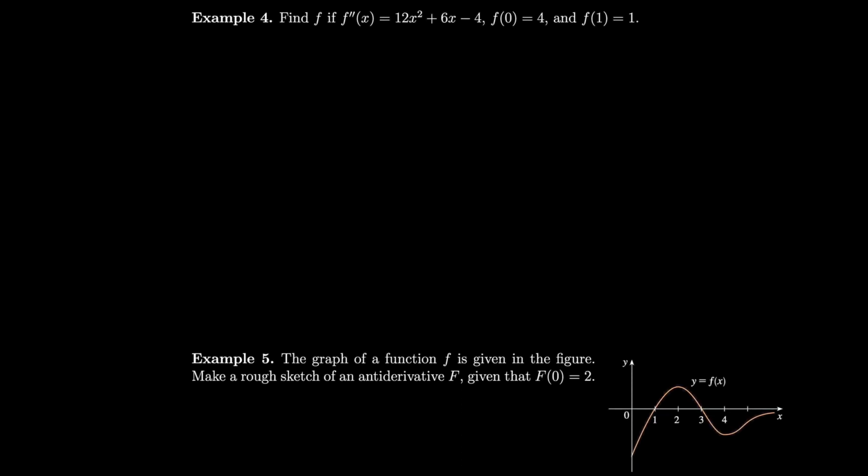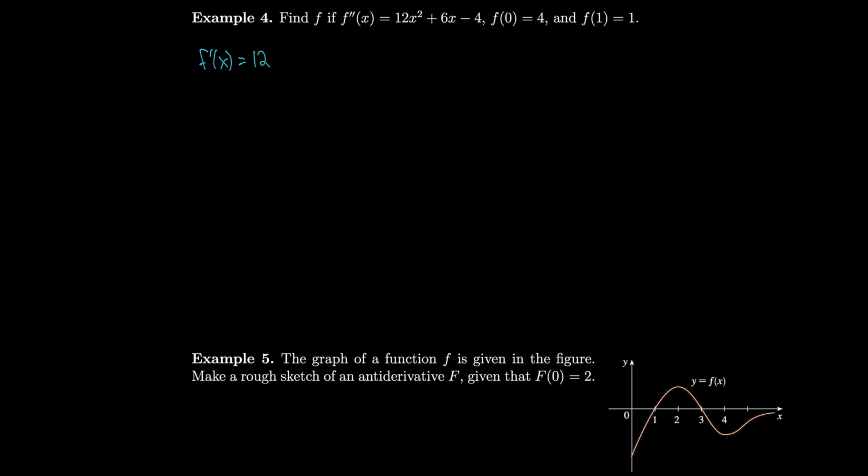Let's find f if f double prime is 12x squared plus 6x minus 4, f of 0 is 4, and f of 1 is 1. Notice in the previous example we had f prime, so they only gave us one y value. And in this example we have f double prime, so we need 2 in order to solve for this uniquely. So let's start with our derivative, f prime. Remember, that's the antiderivative of f double prime, because its derivative is f double prime.